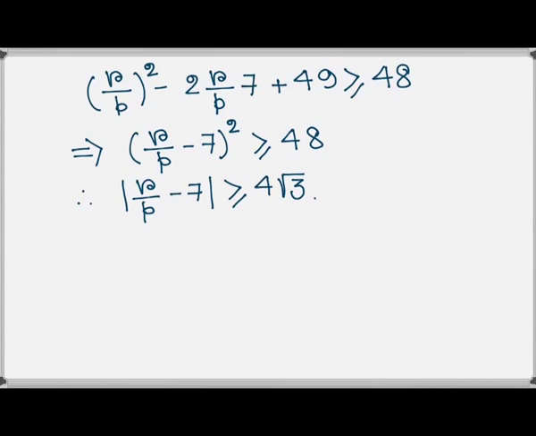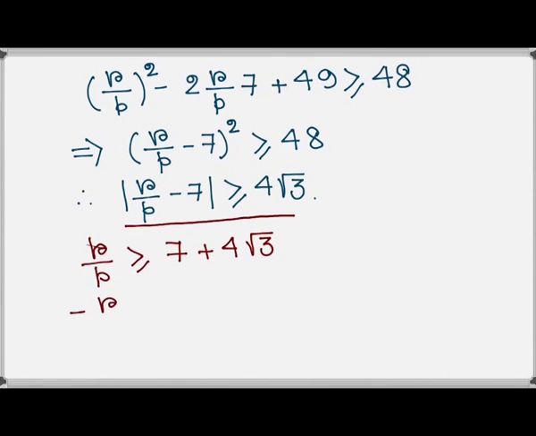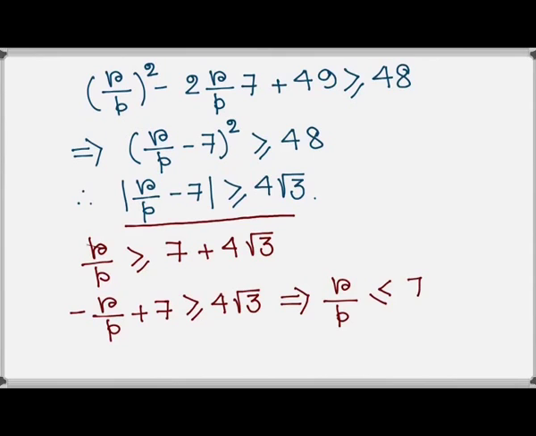So we can write from this inequality that r by p is bigger than equal to 7 plus 4 square root of 3, and also we can write minus r by p plus 7 is bigger than equal to 4 square root of 3, which means r by p is less than equal to 7 minus 4 square root of 3.